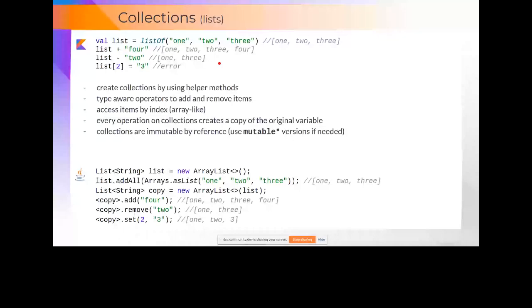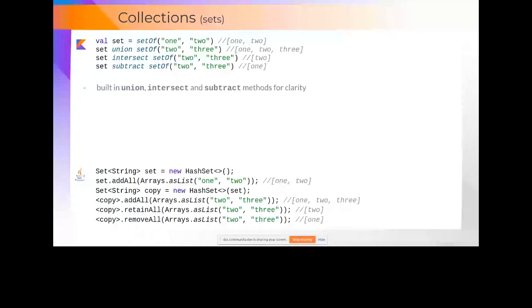Kotlin also has sets, which are basically the same as in Java. So the order of the items is not guaranteed, and you cannot have duplicate values. You can create them with similar helper functions, so it's setOf, and it has some operators which are more familiar to people coming from mathematical backgrounds.